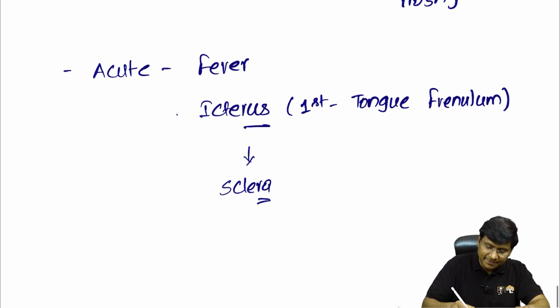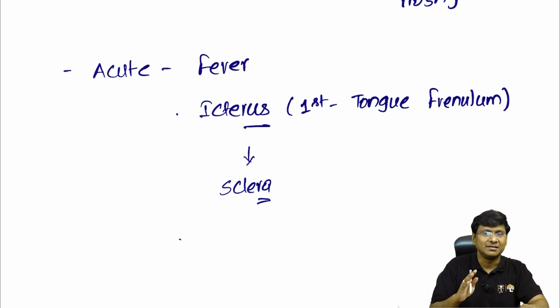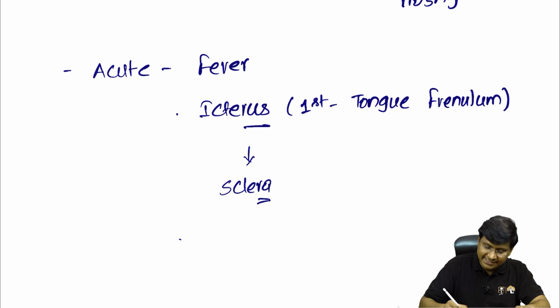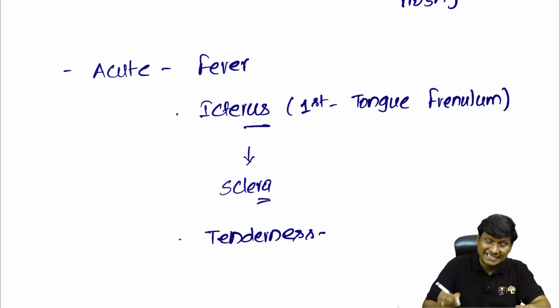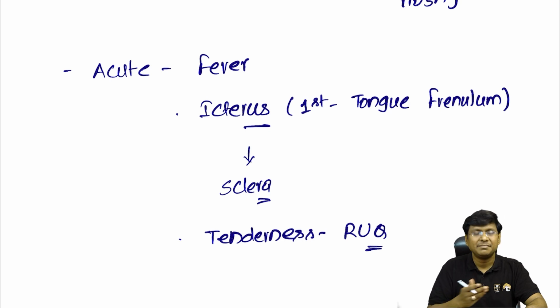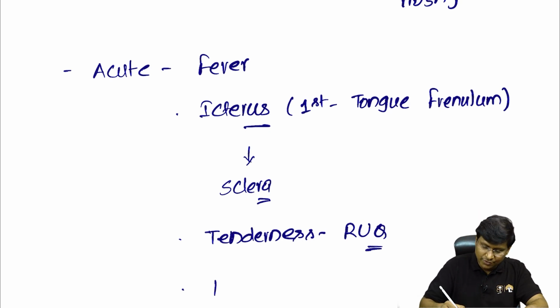And in acute viral hepatitis, when you examine the right hypochondrium, there is tenderness. There will be tenderness in the right upper quadrant. Why? Because it is an inflamed liver and there is hepatomegaly. So, you will also observe that there is increased liver span.